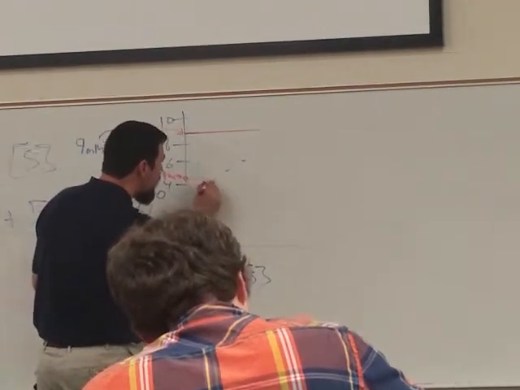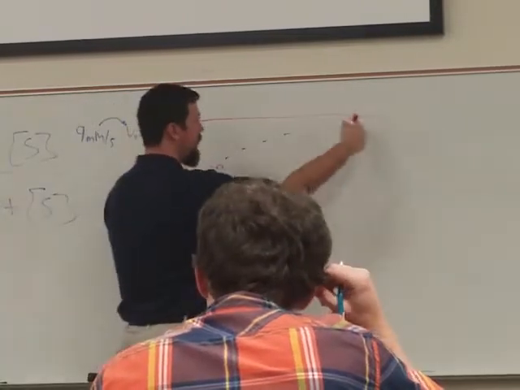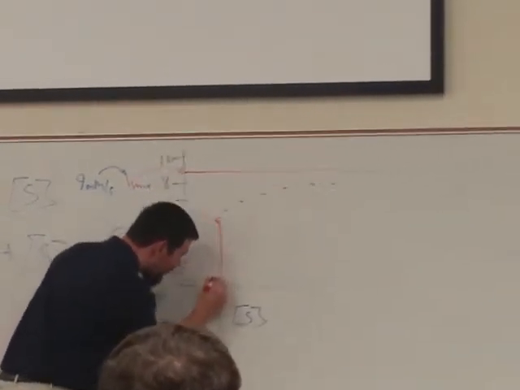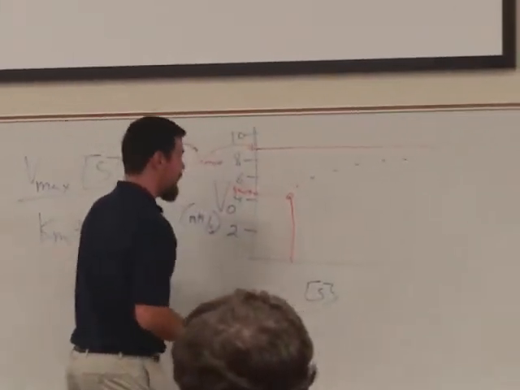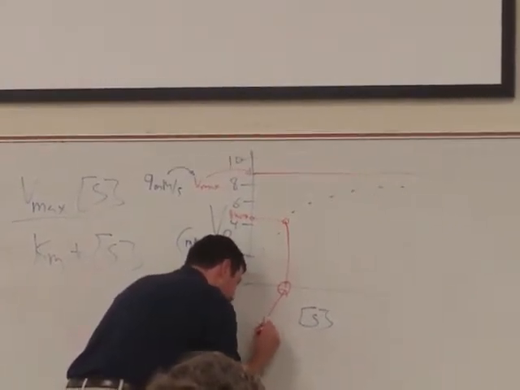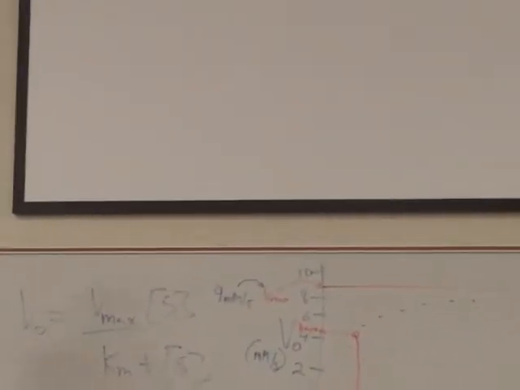And we draw a line over to where that would hit the theoretical curve for this, right? If we were to extend these out, we would go straight down, right? And this is Km. It is the substrate concentration at 1/2 Vmax, okay?